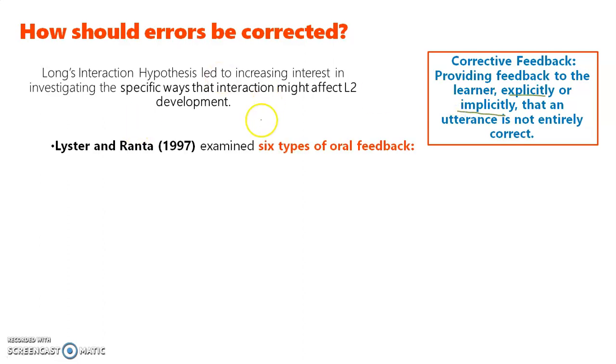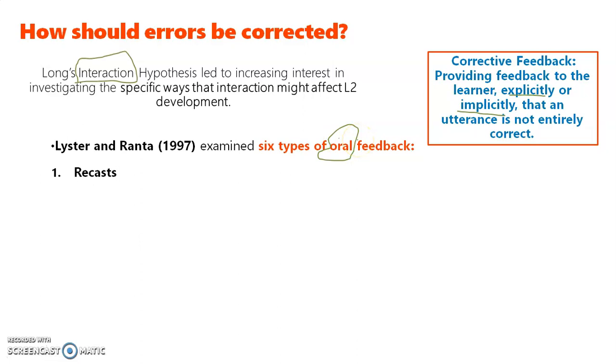According to Lyster and Ranta in 1997, they examined 6 types of oral, focus here on the word oral, because we're talking about a communicative approach. So it would be related to the direct method, Berlitz's method, or CLT, or for example, TBLT.